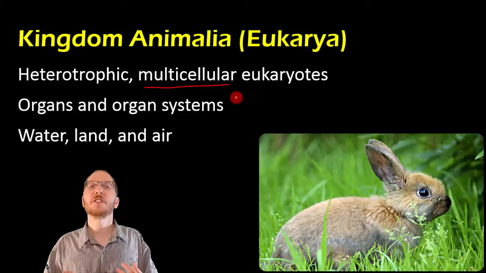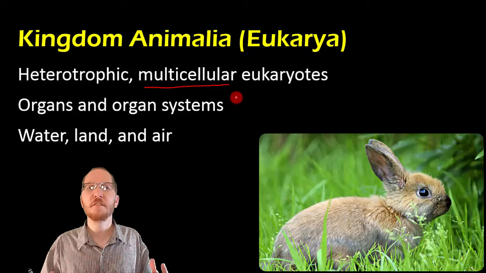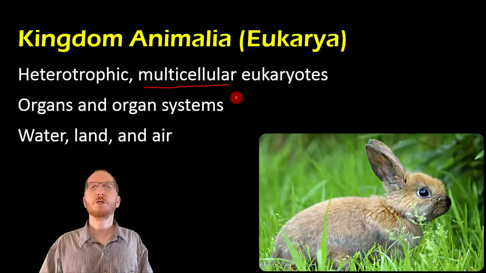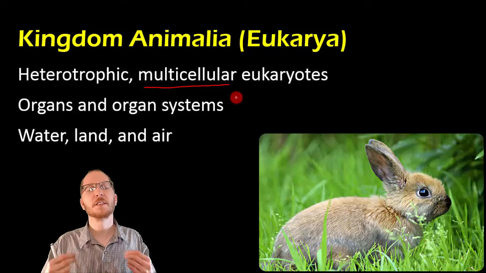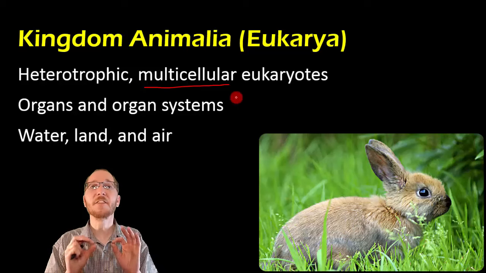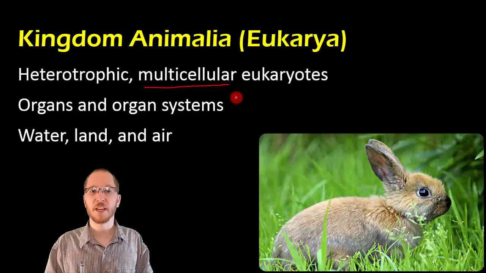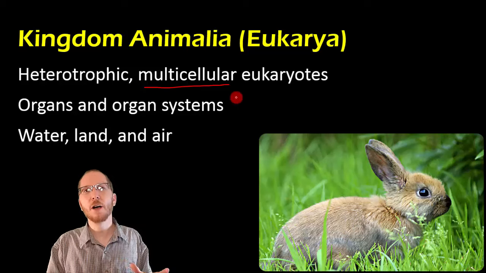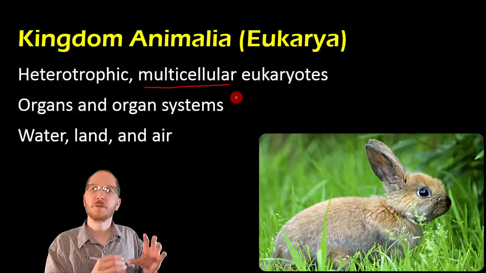We also tend to have some of the highest complexity amongst all life. So we have elaborate tissues, organs, organ systems, which you don't see nearly as elaborate in things like a fungus or a plant, even though both of those can be multicellular. And then obviously we've managed to master taking over a lot of the environment. When you look at algae, it's primarily something that lives aquatic.